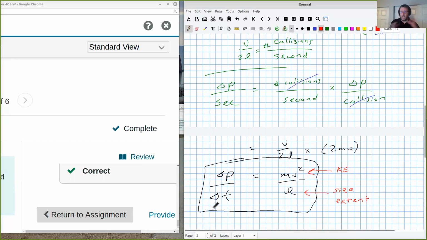So pressure is like how hard the stuff inside the box is pushing on the box. And volume, the size of the system, is related to nRT. That's like the number of molecules in the box. And then T is the energy of the things in the box. This is very related to the ideal gas law, and we might see more closely how that's related to it later. All right, thanks.